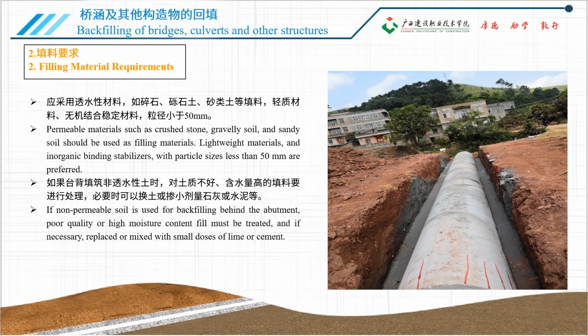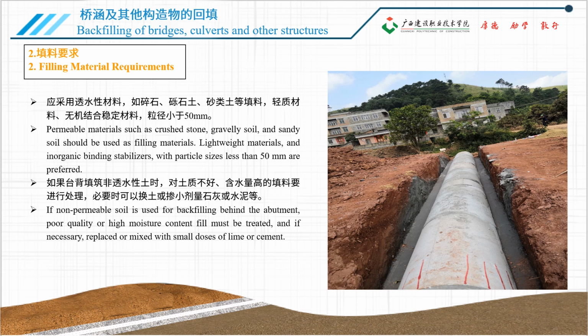1. The backfilling material for 3 backfill should be permeable materials, such as crushed stone, gravel soil, and sand soil, lightweight materials, inorganic stabilized materials, with a particle size less than 50 millimeters.